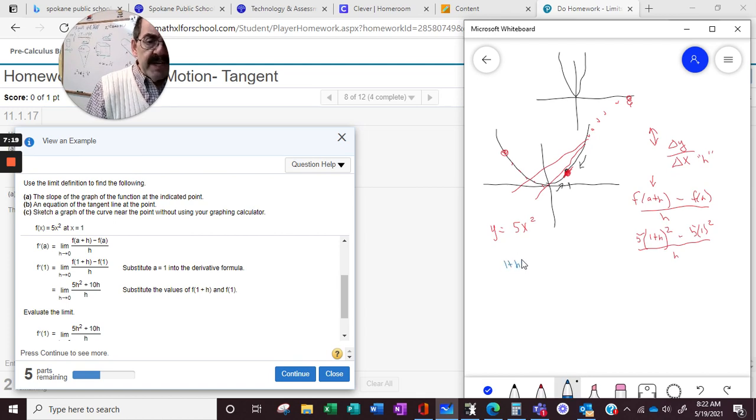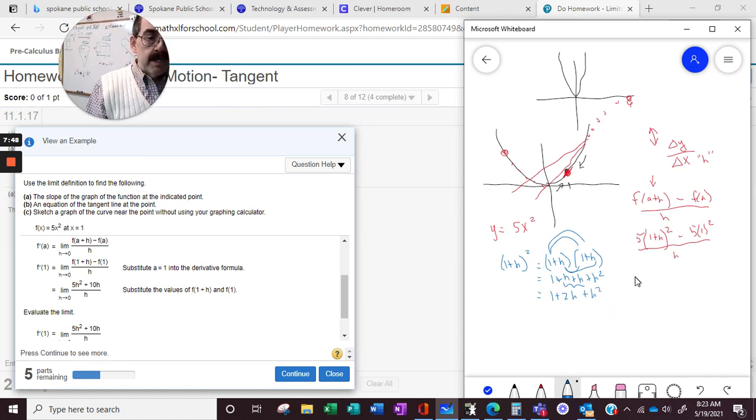1 plus h squared is 1 plus h times 1 plus h. 1 times 1 is 1, 1 times h is h, h times 1 is h, h times h is h squared. So 1 plus 2h plus h squared.